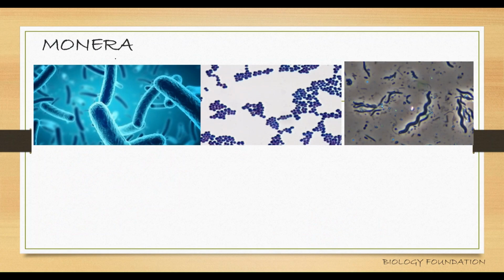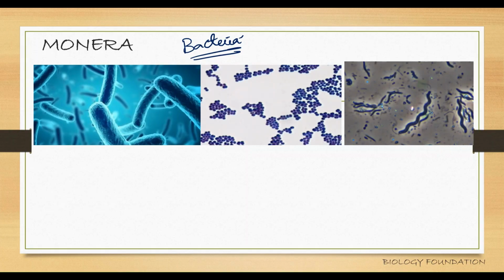Okay. Now, all bacteria are kept under kingdom Monera. I'm sorry. Plants are kept under Plantae, animals are kept under Animalia kingdom. Then what about bacteria? Should they be placed in Plantae or Animalia?